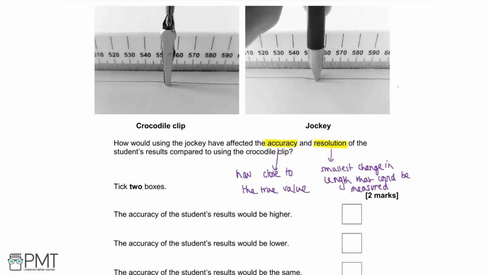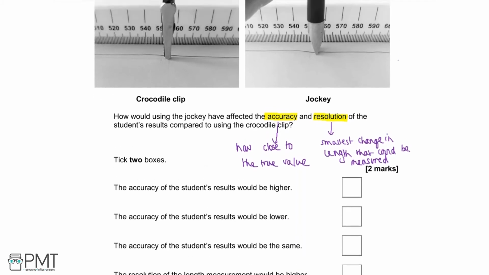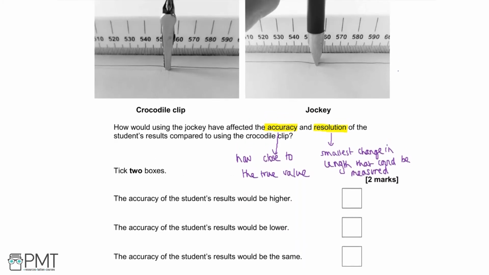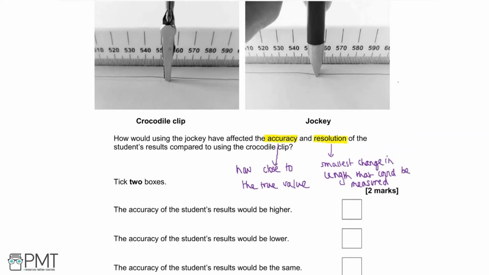So when we're looking at accuracy, which is the first three options of this question, we're given the choices: the accuracy would be higher, the accuracy would be lower, and the accuracy would be the same. So the accuracy is how close my value is to the true length of the wire.